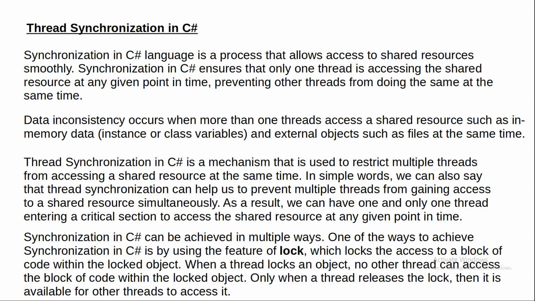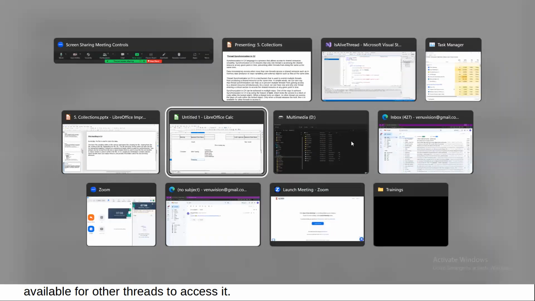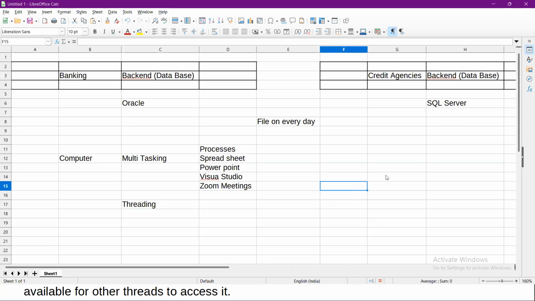So, thread synchronization. So far we have been discussing three different methods being executed by three different threads: method 1, method 2, method 3. T1 is responsible for invoking method 1, T2 for method 2, and T3 for method 3.